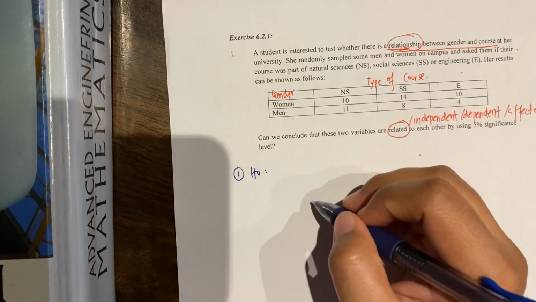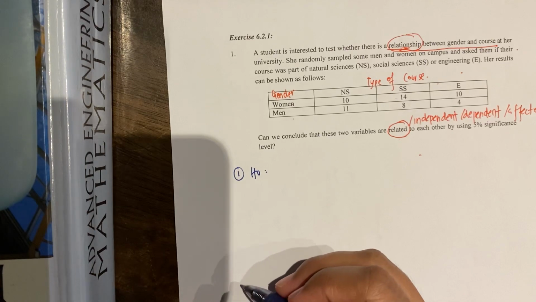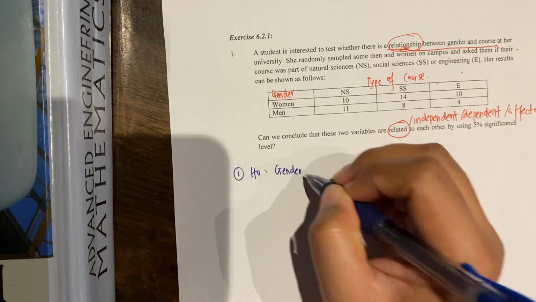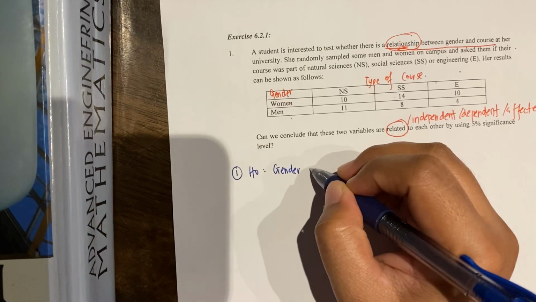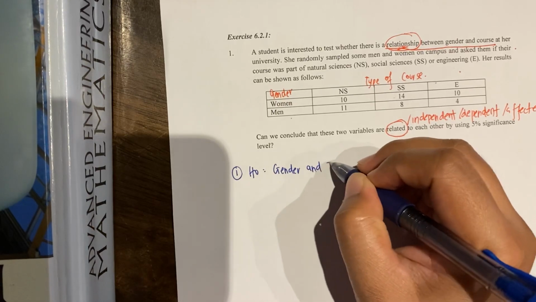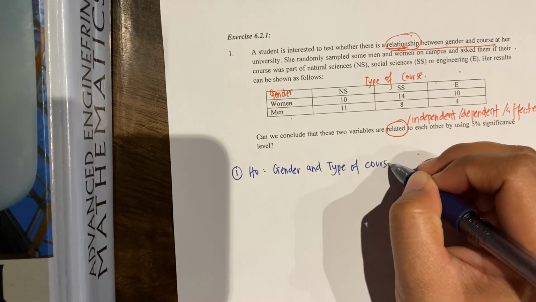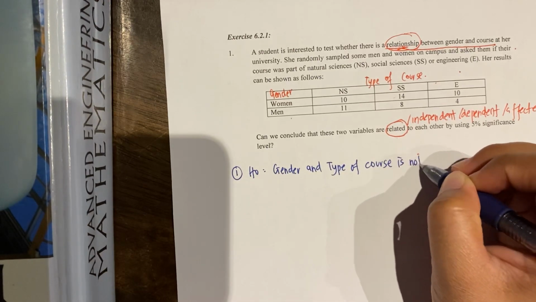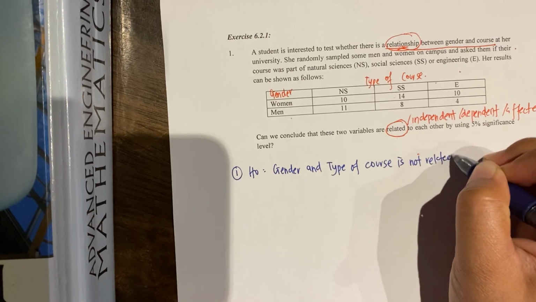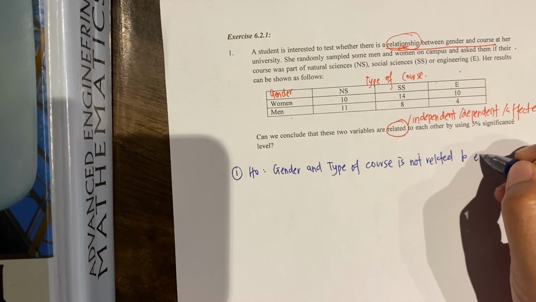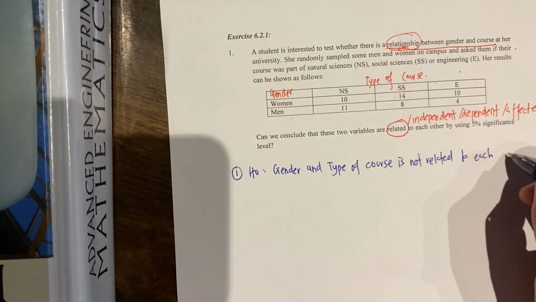H0 will always be: gender and type of course are not related to each other. So H0 is always independent. That's why we have not related.